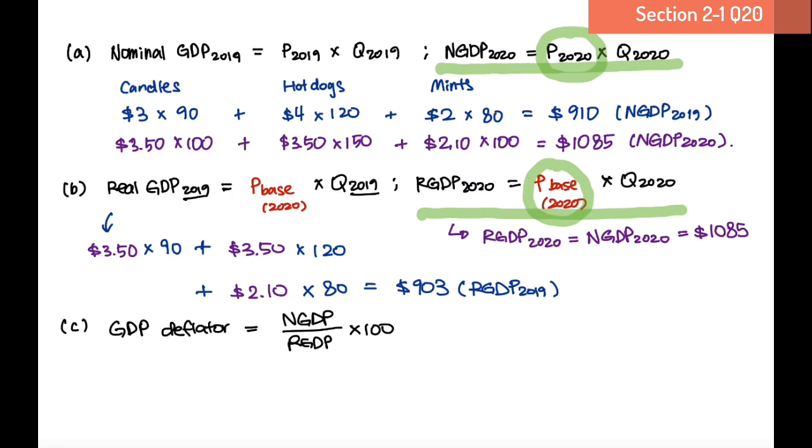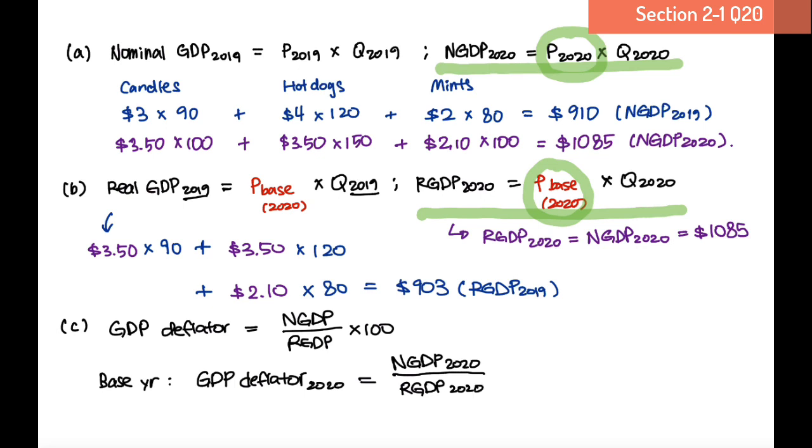So what this means is if it's your base year, so if you calculate the GDP deflator for 2020, you'll do that by dividing your nominal GDP of 2020 by real GDP of 2020 by 100.